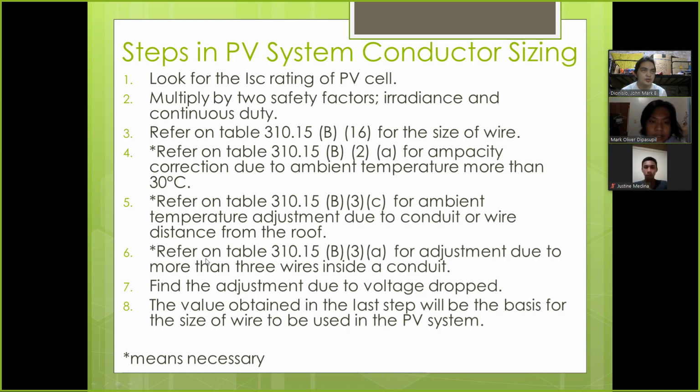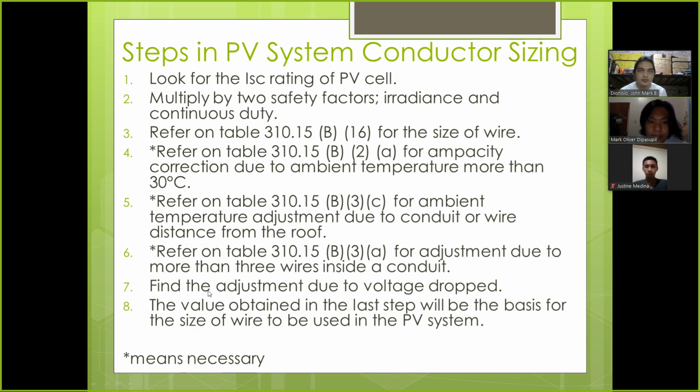Then, number 6, refer on table 310.15(B)(3)(a) for adjustment due to more than 3 wires inside the conduit. Since dalawa lang naman yung ginagamit nating conductors in line, i-disregard na natin yung number 6.